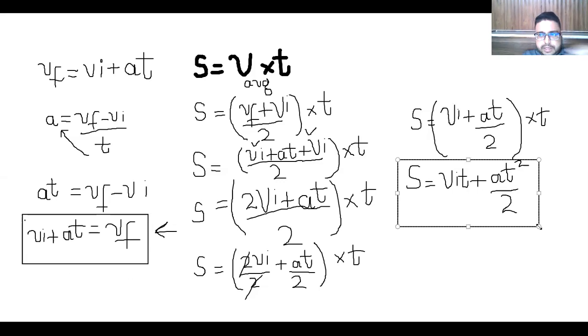In the guess papers also, if we look again at question number 3, they are saying the important questions are the second equation of motion and the third equation. So the second equation we have just derived here, this is the second equation of motion.